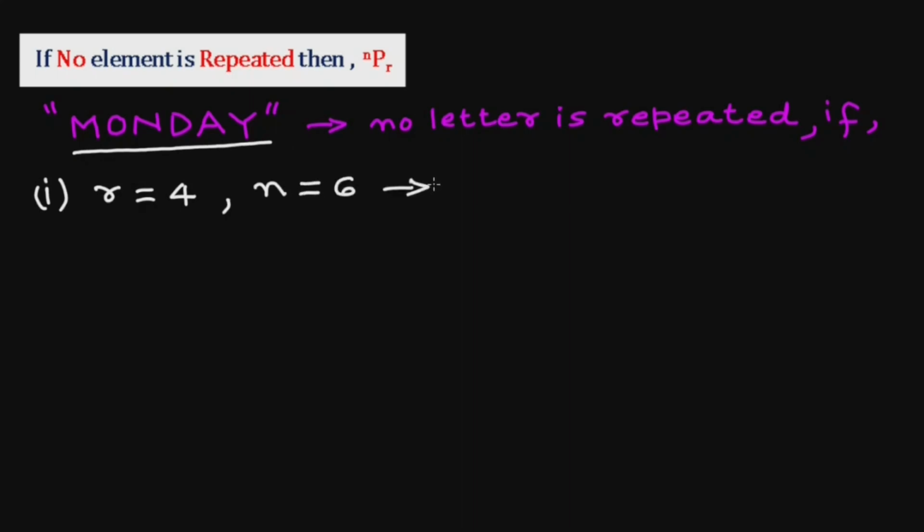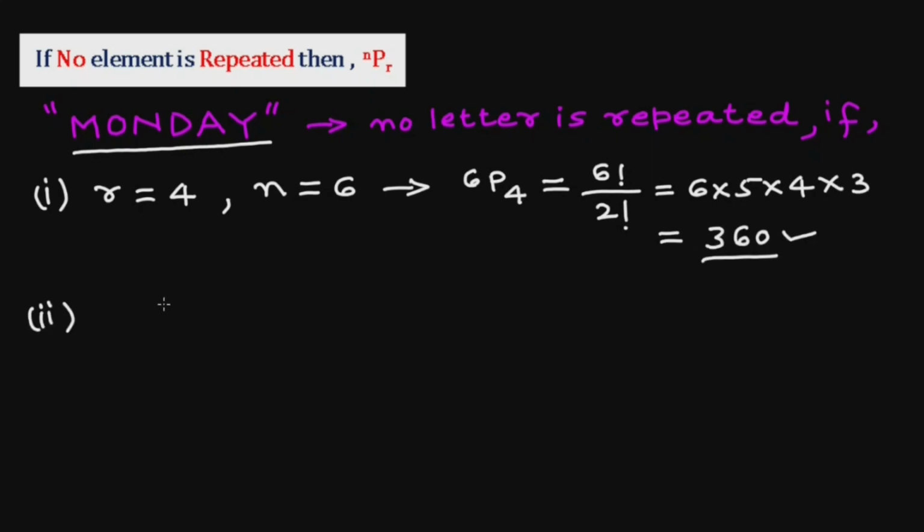So the number of words formed will be 6P4, 6 factorial upon (6 minus 4) factorial, 2 factorial, which is 6 multiplied by 5 multiplied by 4 multiplied by 3, that will be 360. Number 2: all letters are used at a time, which means r equals n equals 6. So the number of words formed will be 6P6, 6 factorial, 720 words.